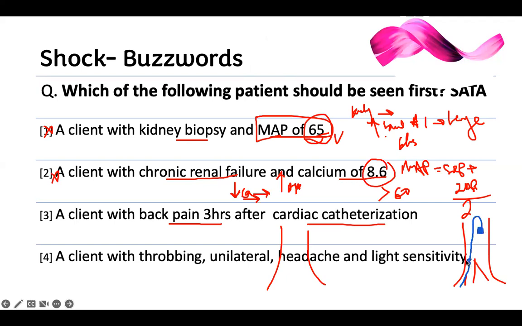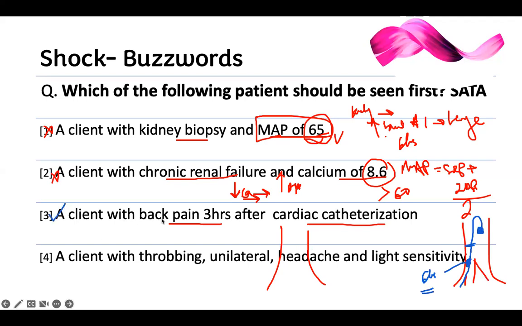At the end of it, this groin wound has to be taken care of. The puncture wound has to be watched by the nurse for at least 6 hours for bleeding. Therefore, if the patient had back pain, that means there's hemorrhage going into the retroperitoneum. That's a sign of hemorrhage. So this patient is bleeding.